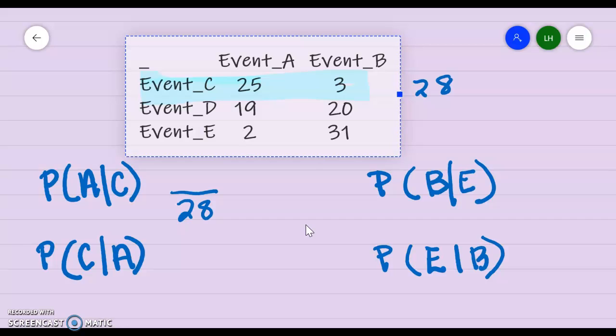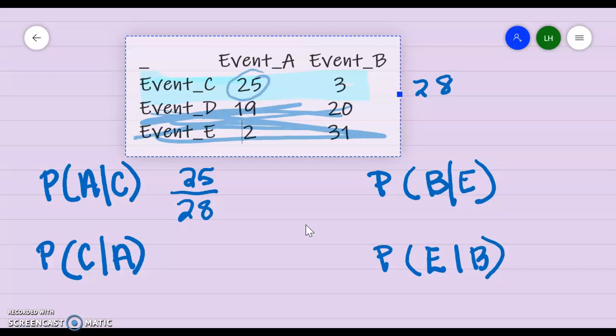Now that we have highlighted event C, you want to see how many times event A could occur out of those times. Event A would be right here, so that would be 25. So you're not worried about events D or E at all. You're only looking at event C for your total. It's almost like this is extra information that we don't need.